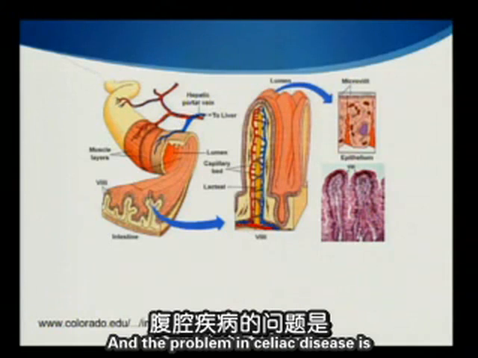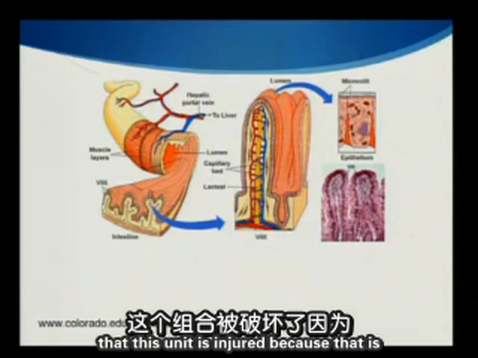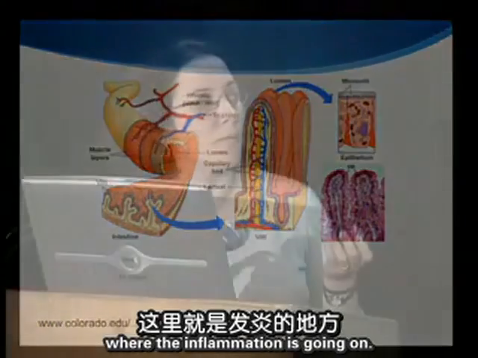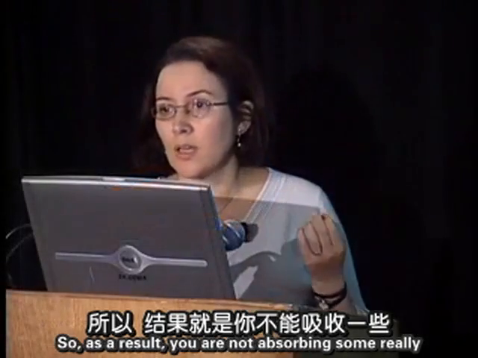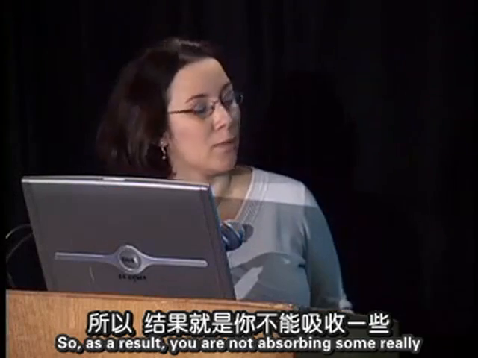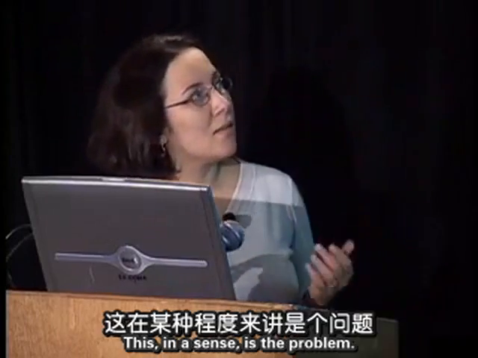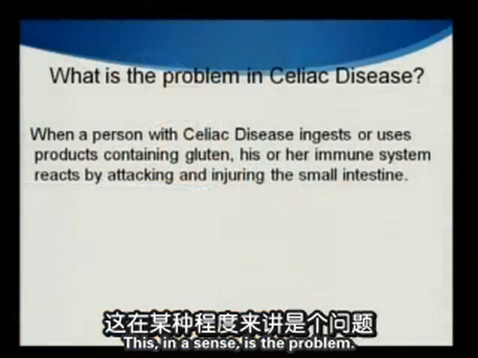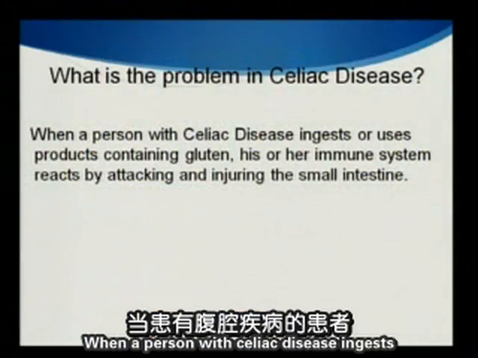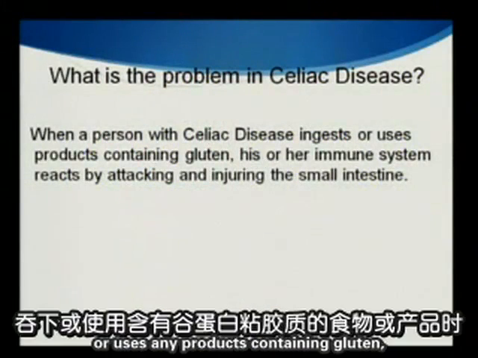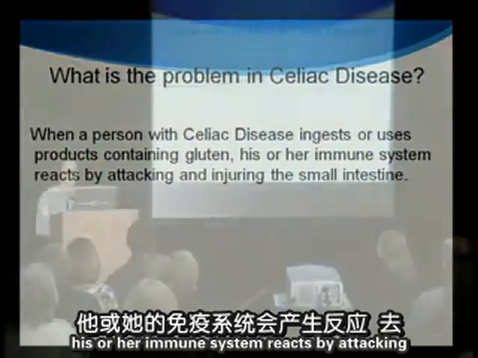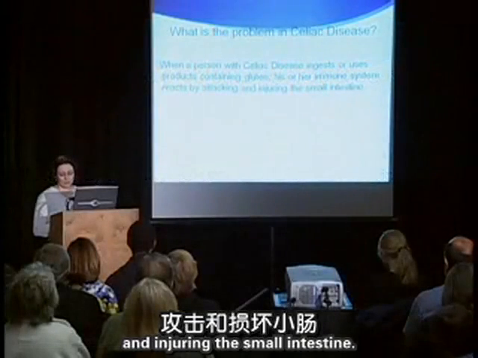The problem in celiac disease is that this unit is injured because that's where the inflammation is going on. As a result, you're not absorbing some really important nutrients. When a person with celiac disease ingests or uses any products containing gluten, his or her immune system reacts by attacking and injuring the small intestine.